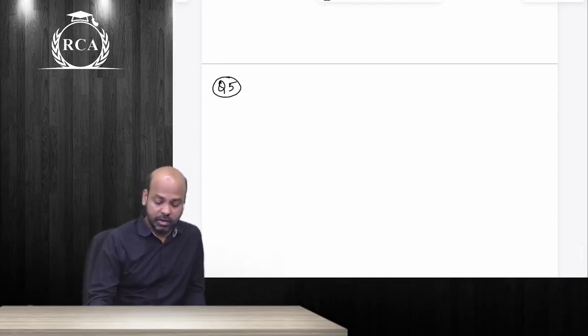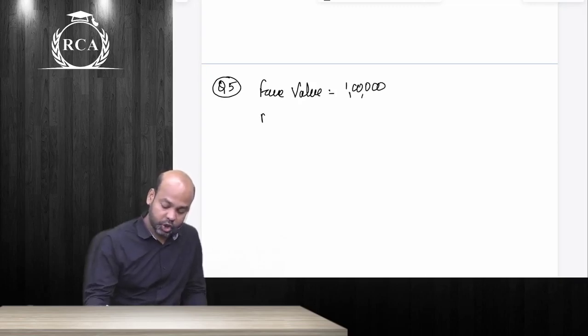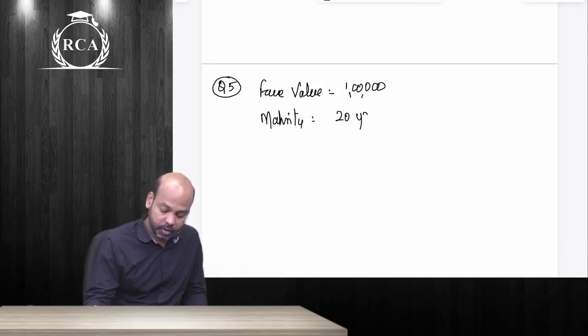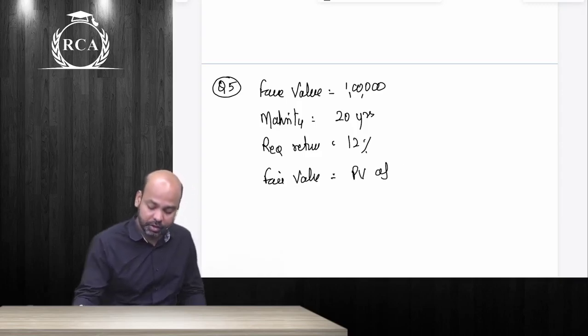It's a deep discount bond beta. Face value is 1 lakh. Maturity period is 20 years. Required return beta is 12%. Fair value of the bond will be equal to the present value of the redemption value.